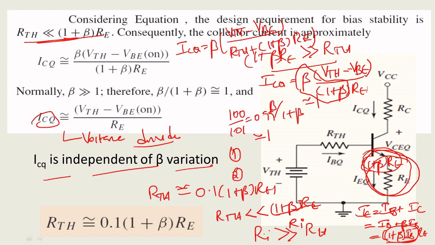So I can even say RA should be greater than 10 times of your RTH. So see, I can write like this. If you bring this point to this side, what happened? 10 times of RTH should be less than 1 plus beta times of RE. That means this is what RA, right? So your RA should be equal to 10 times of RTH. If you follow this condition, I can reduce the loading effect. I can minimize the loading effect in the circuit. Okay, this is a bias stability condition you have to follow when you are designing the divider biasing circuit.